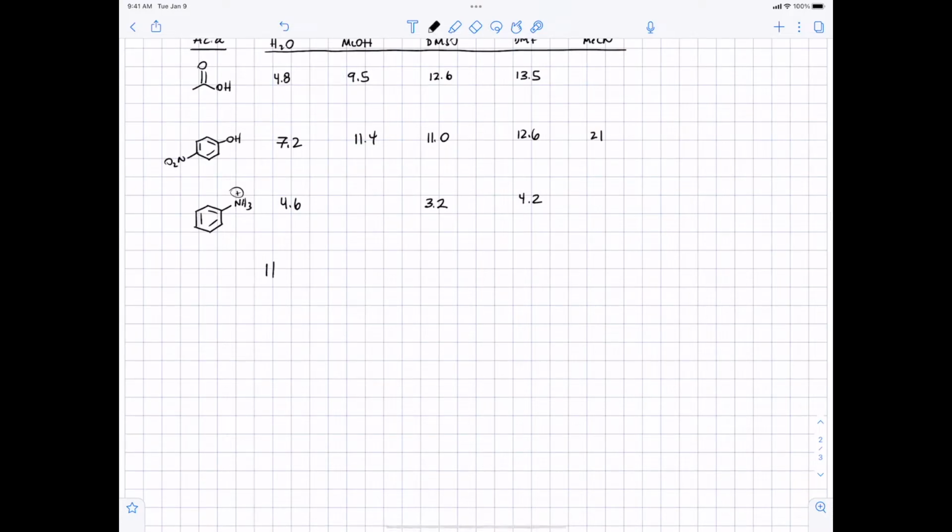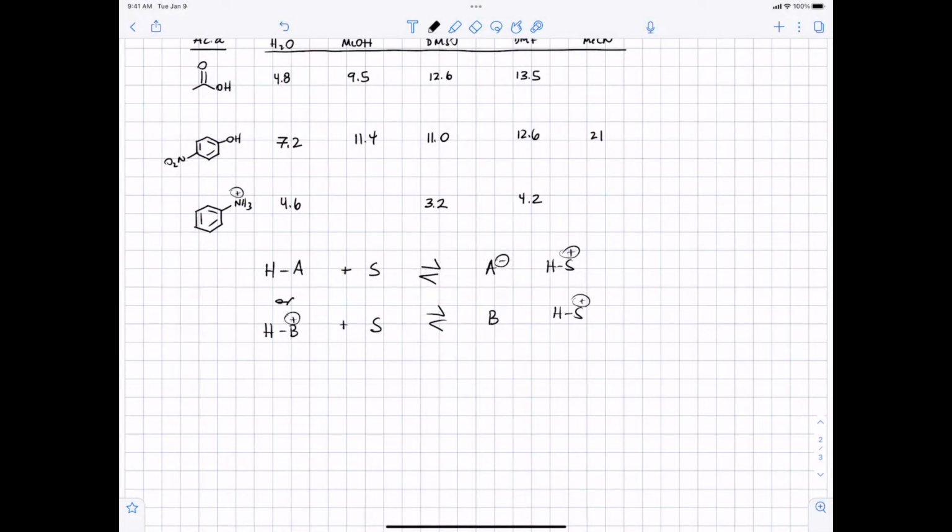this reaction, HA or HB plus, reacting with the solvent to get A minus and HS plus, or B and HS plus.